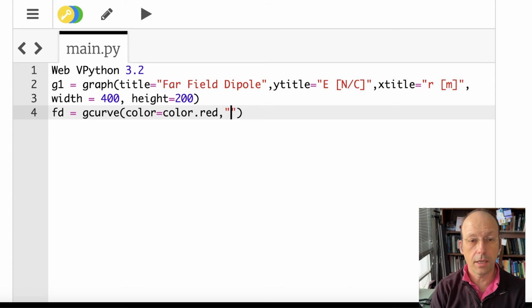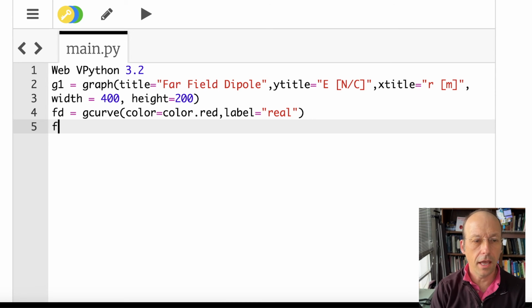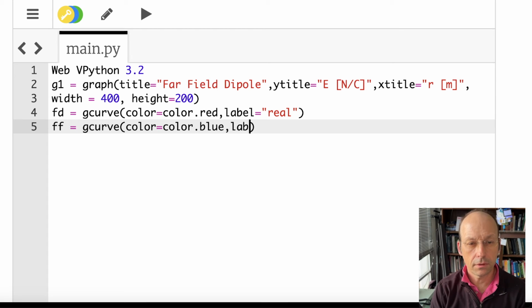And let's put this label equals dipole, real. And then FF is far field. It's going to be equal to G curve, color equals color dot blue, label, I can't spell, I'm worried about shaking that thing, equals far field.